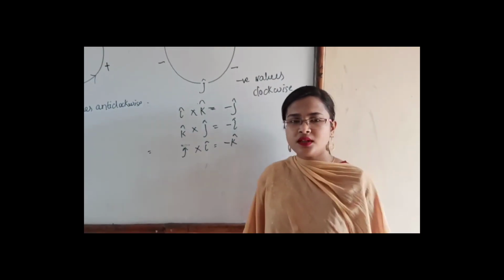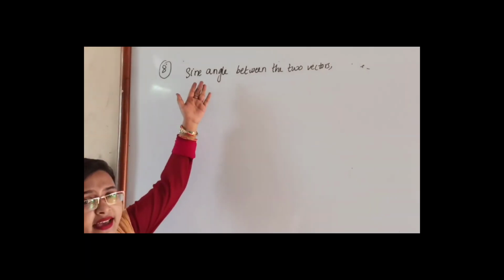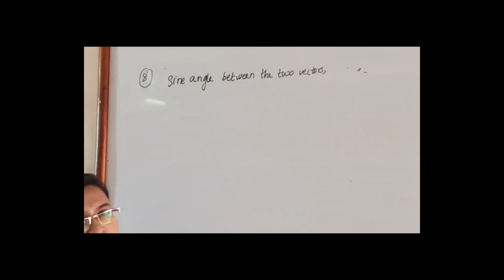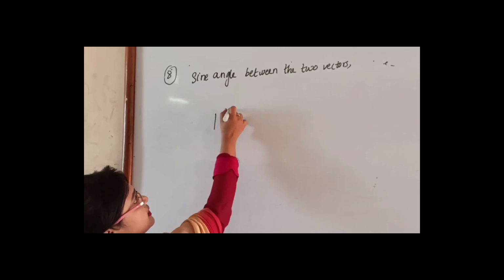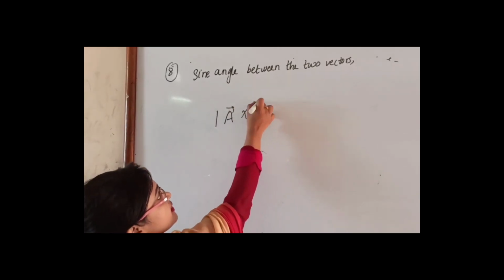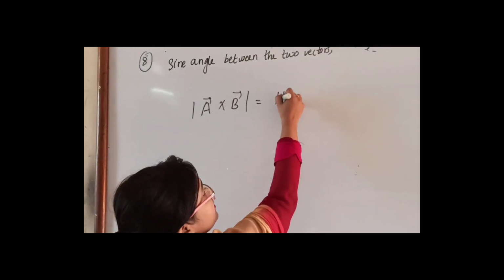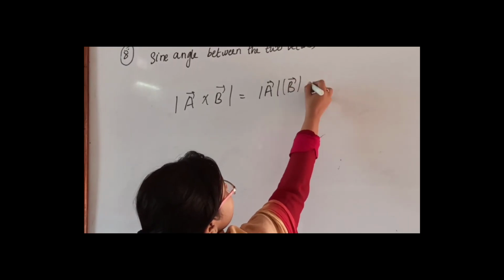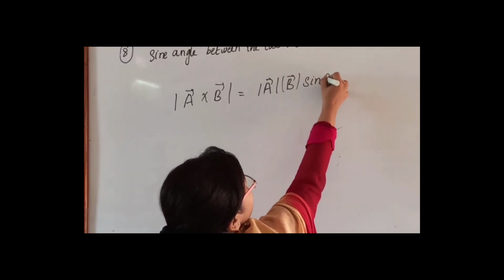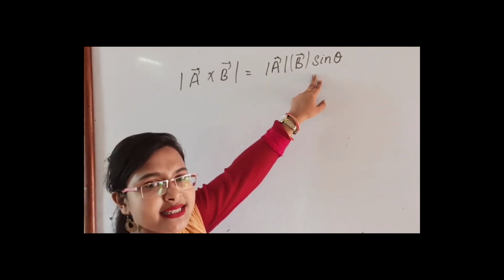Clear? So, another property: finding the angle between the two vectors. We know the magnitude of the vector product of two vectors A cross B is given by the magnitude of vector A, the magnitude of vector B, and sine theta.